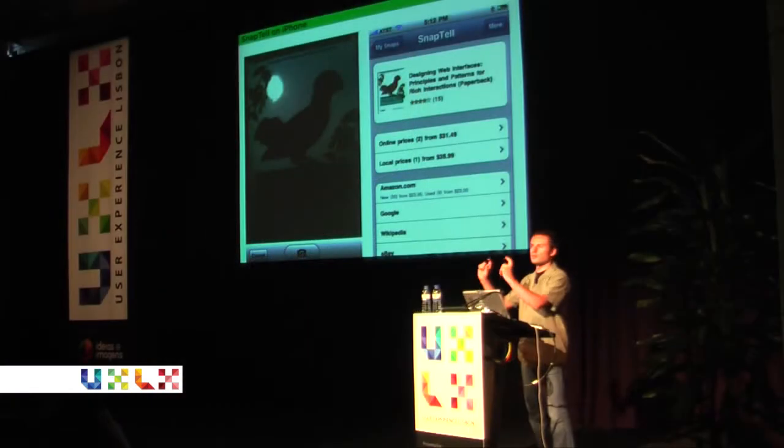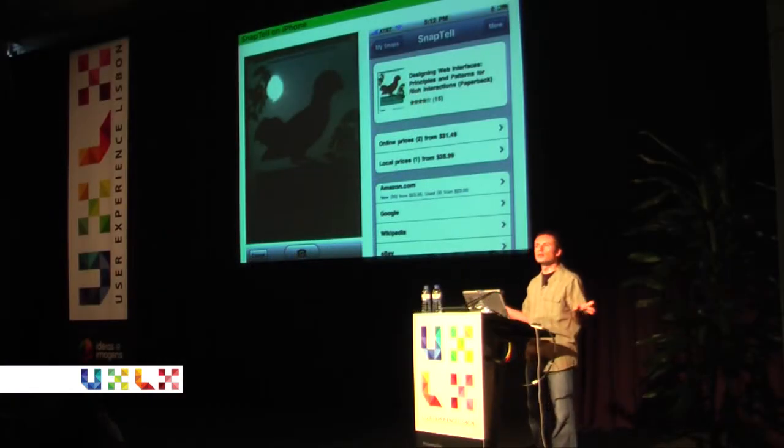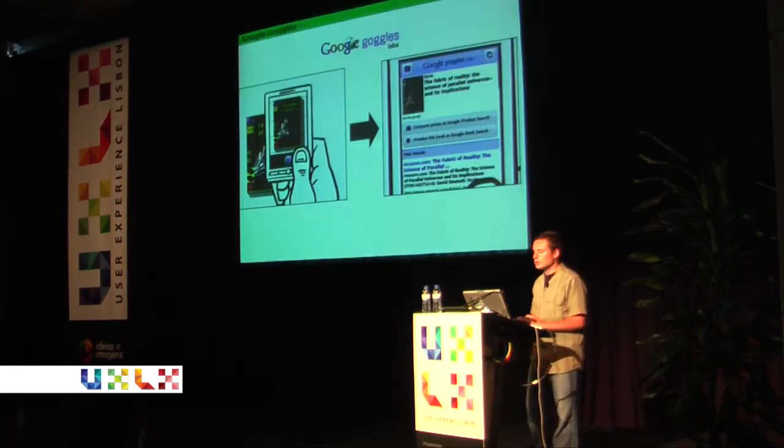Now what I'm using is actually the video sensor on these mobile computing platforms to provide input, right? So I point this phone at something in the real world, and I get relevant output back. I don't really have to do too much else besides point this. And Google has a product out where they're taking this very far. You can point your camera at a product and get information about it.